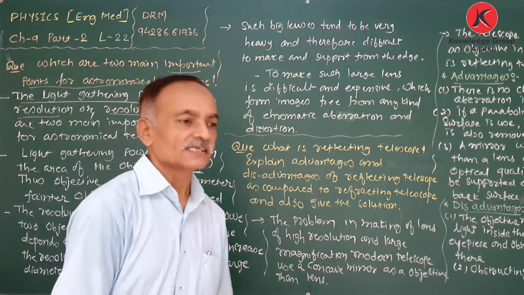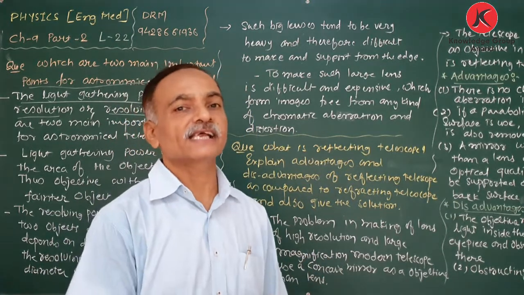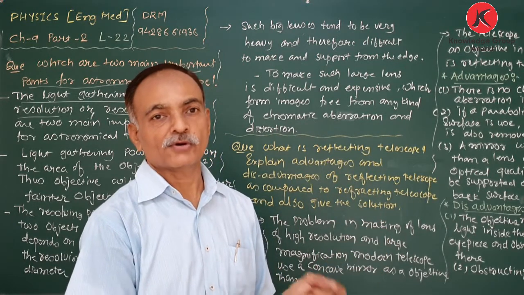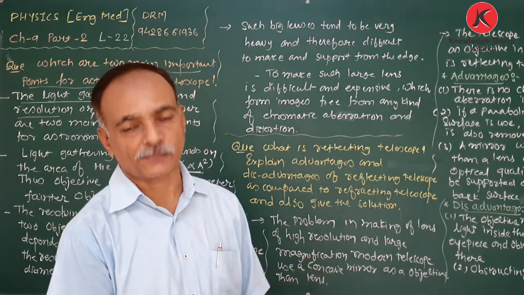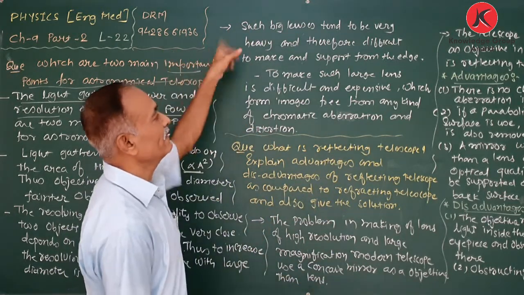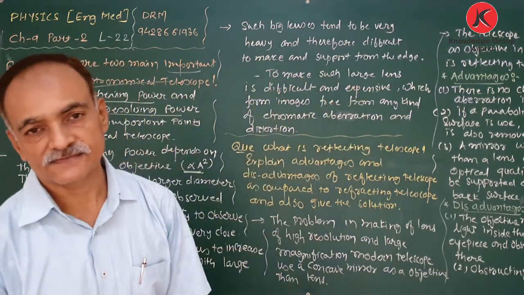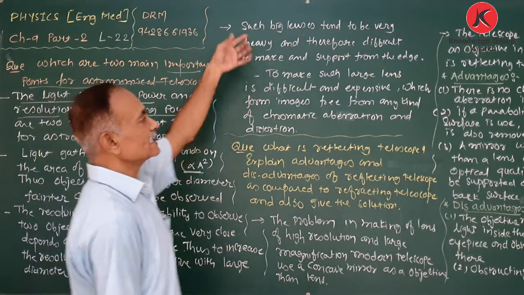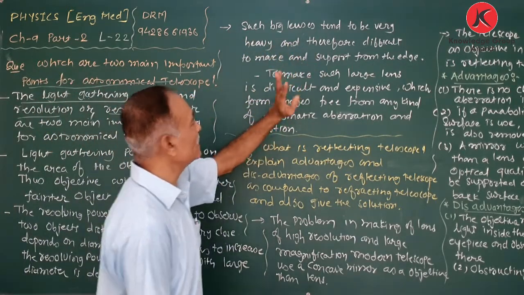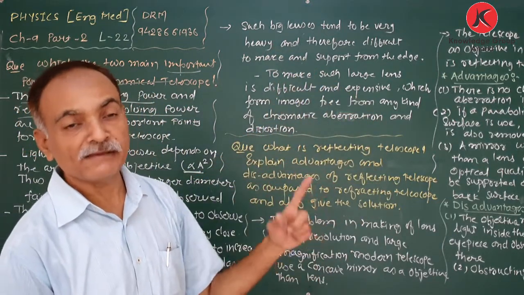Second, this lens can be held in a telescope only from its edges. We cannot give support from any other point. Therefore, such big lenses tend to be very heavy, and therefore difficult to make and to support from the edges. That is the main problem.